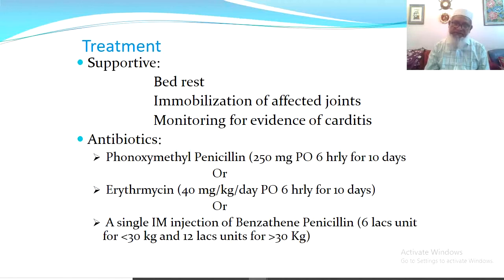Or erythromycin, 40 mg per kg per day, same per oral 6 hourly for 10 days. Or a single intramuscular injection of benzathine penicillin, 6 lakh units for the child below the weight of 30 kg and 12 lakh units over 30 kg body weight.